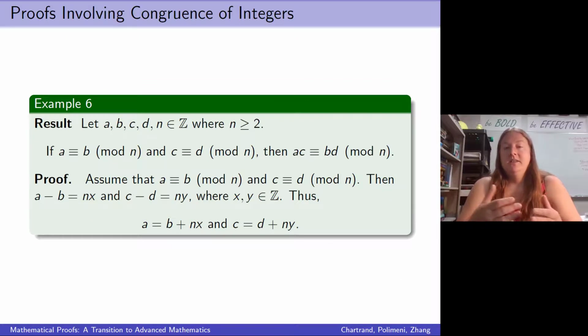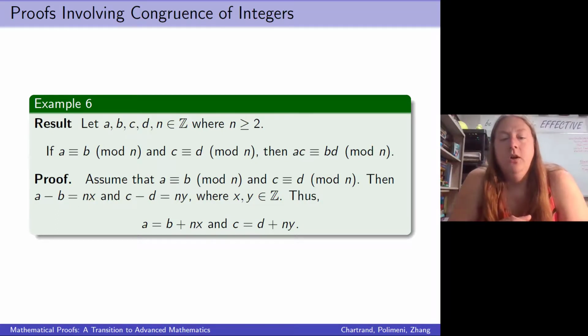Now, here's an example where I have the same setup. I have a is congruent to b mod n, and c is congruent to d mod n. That's what I'm going to assume, and I'm going to show that ac is congruent to bd mod n. Again, I do the same setup. I use the definition of congruence, and I say a minus b equals nx, c minus d equals ny.